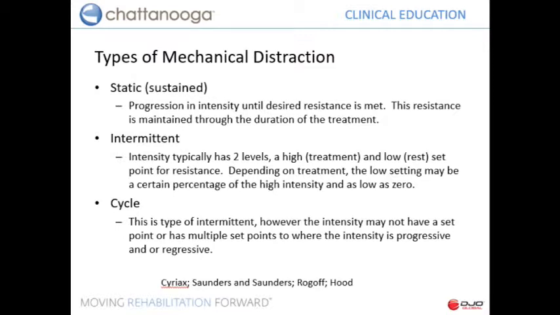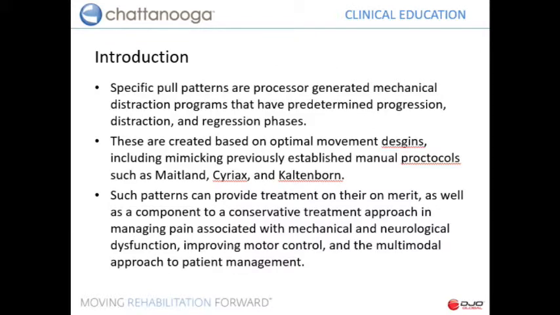So there are some indications, and if we look at the historical perspective, from Cyriax and Saunders and Rogoff and Hood, and there are a few different interpretations in review papers of those findings, and I think that we're all somewhat on the same page with regards to why. But essentially, if we try to decipher the distraction pull intensities and the durations, it sort of brings us back to manual therapy and why we have these different phases.